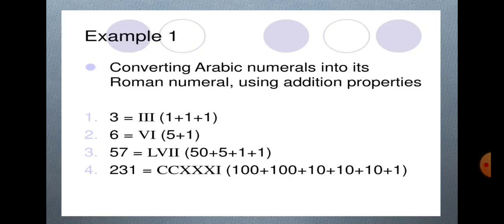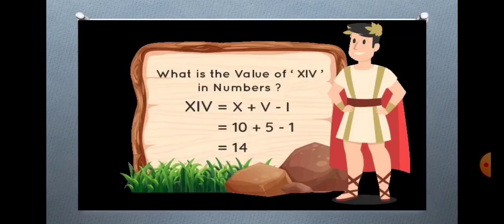Let's do another one. 231 is CCXXXI. That means C stands for 100, 100 plus 10, 10, 10 plus 1. Let's do one more value, that is XIV.